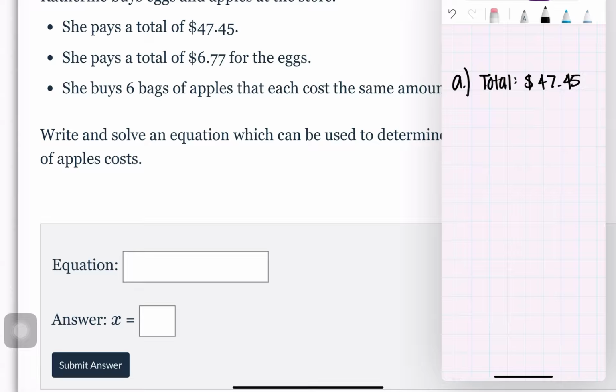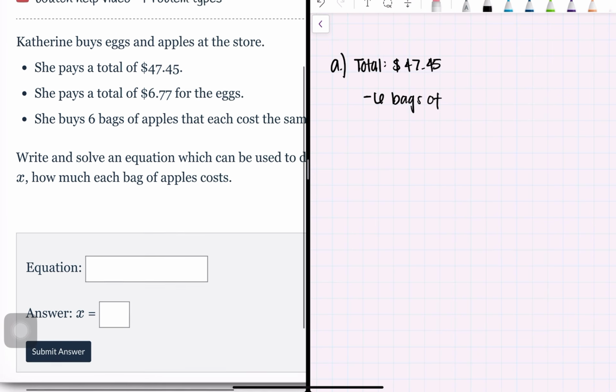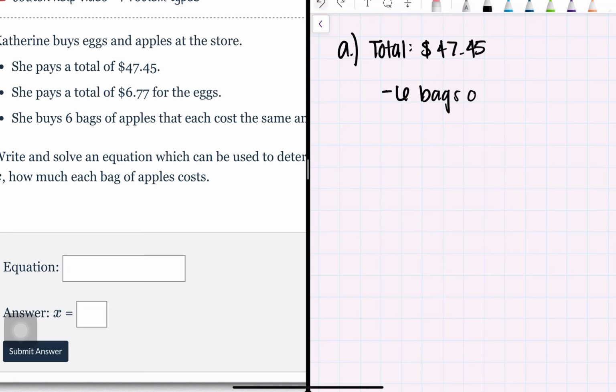Other things: we buy a total of 6 bags of apples. And we also bought eggs for a total of $6.77.